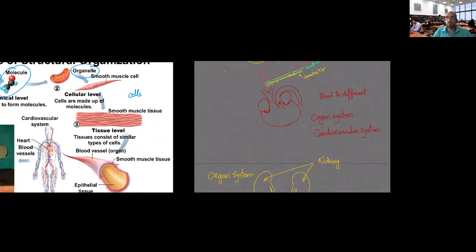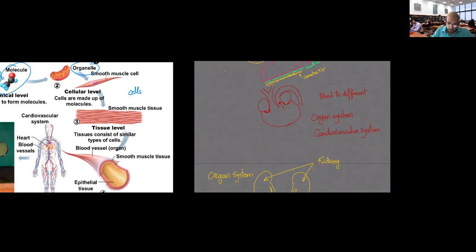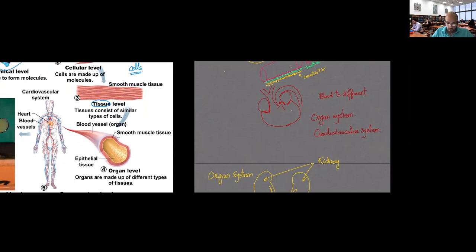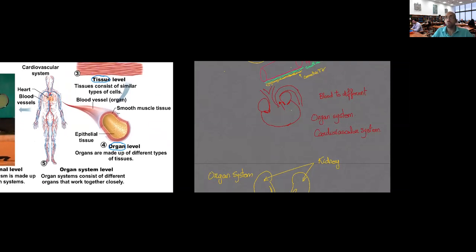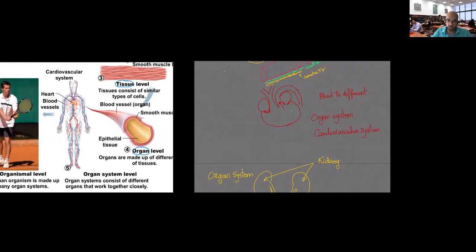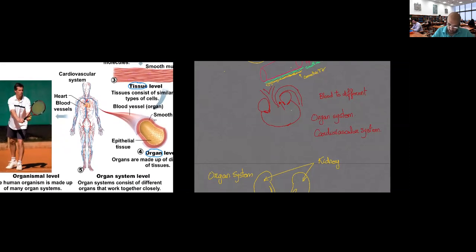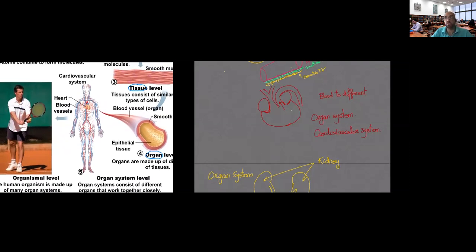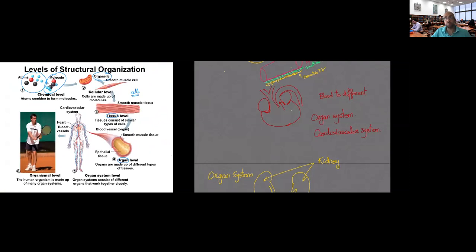And those cells of the same type will form together a tissue. Multiple tissues will build up an organ, and multiple organs that will be forming together a system is what we're going to call an organ system, like the cardiovascular system that you see in this diagram. Multiple organ systems will build up the organism.